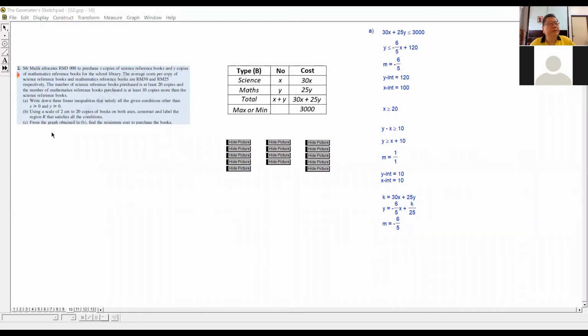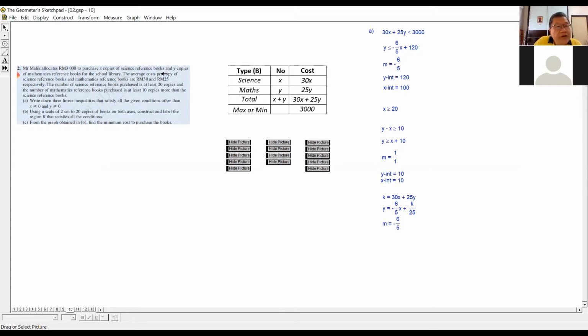Number 2. Mr. Malik allocates 3,000 ringgit to purchase X copies of science reference book and Y copies of mathematics reference book for the school library.